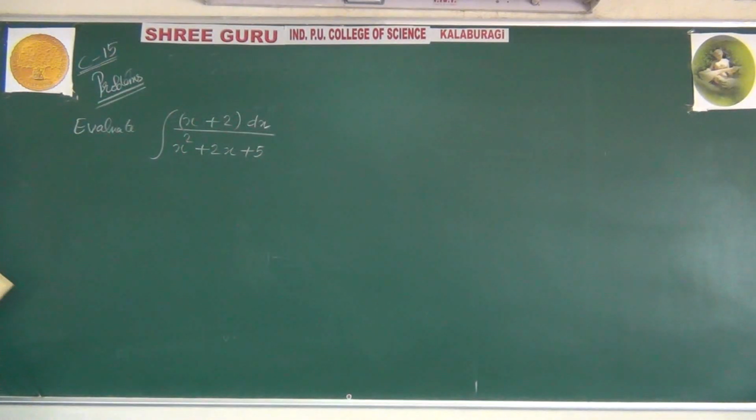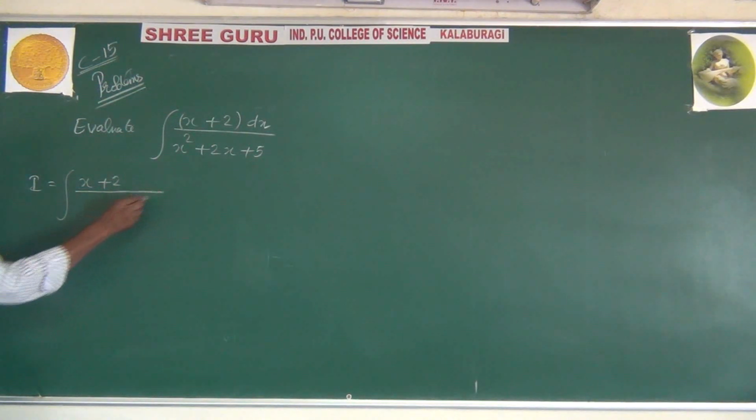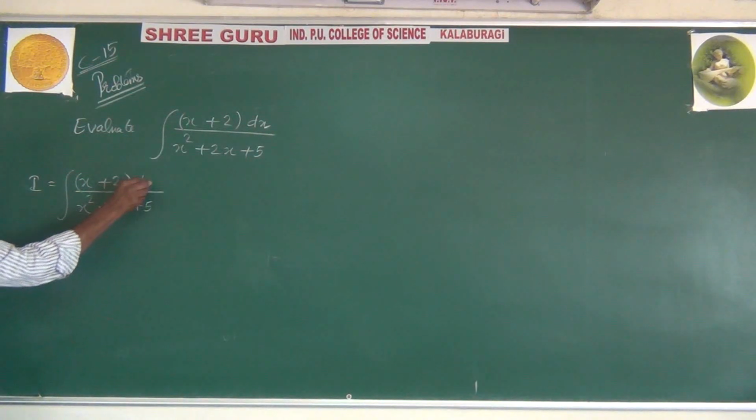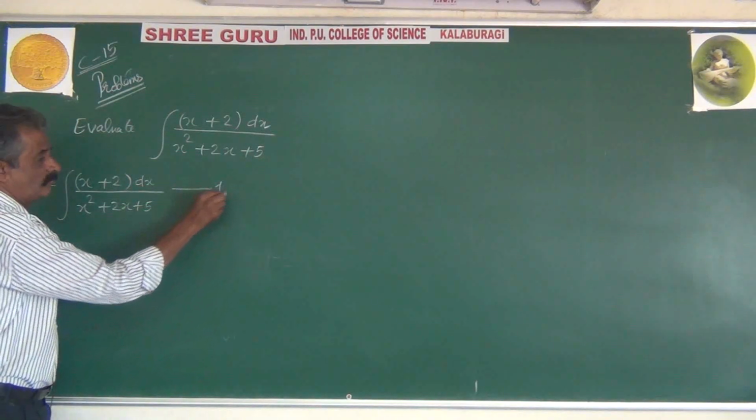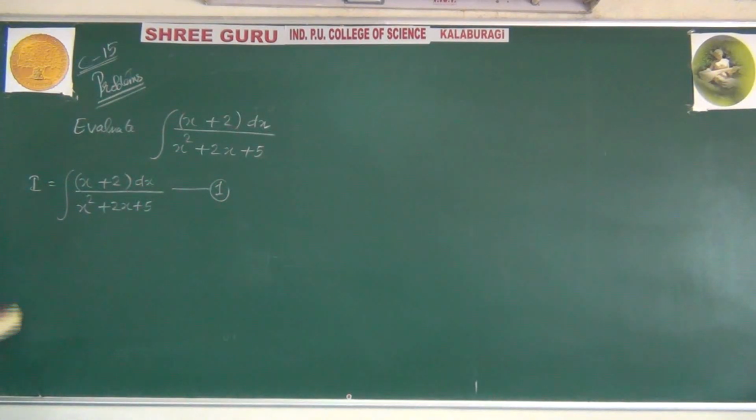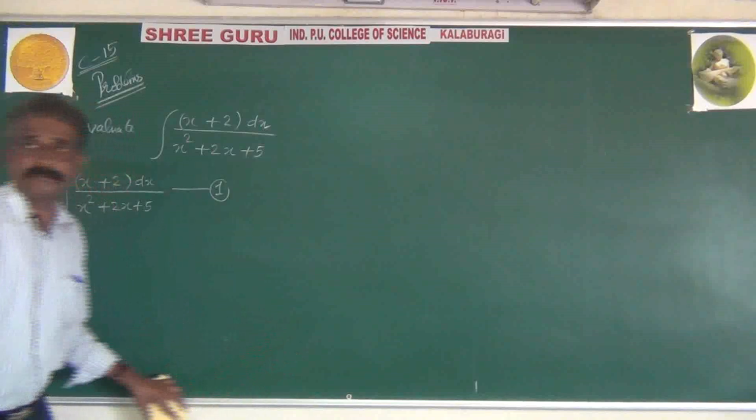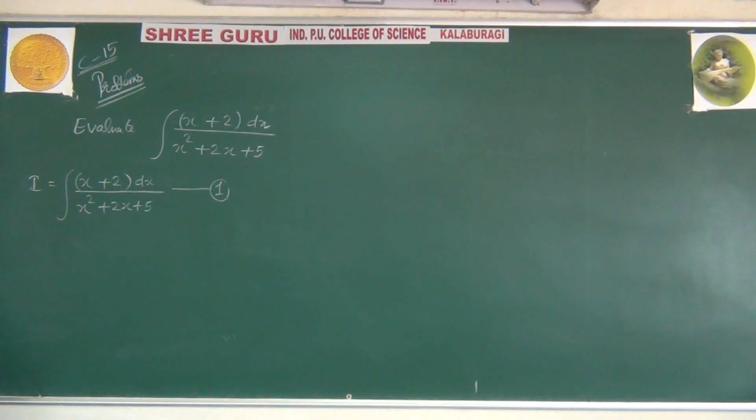So let's begin. Let I equal integration of x plus 2 divided by x square plus 2x plus 5. Refer to the method just explained.